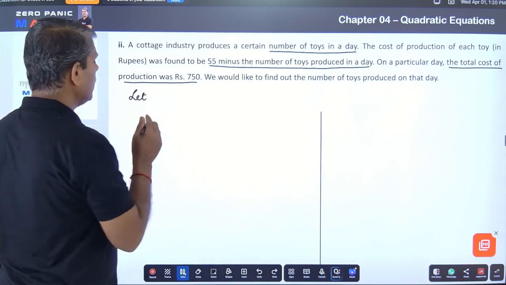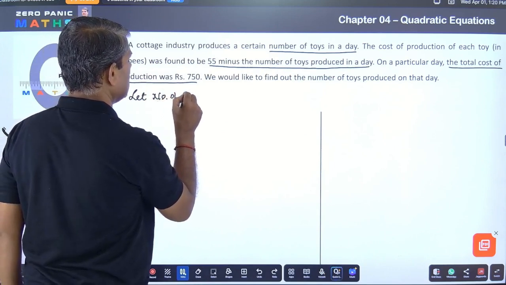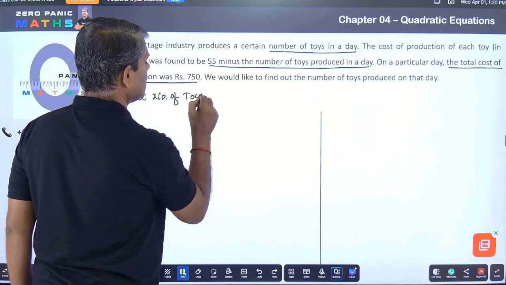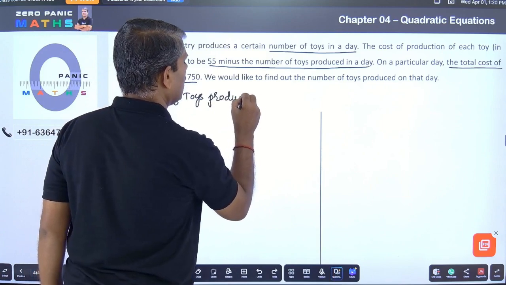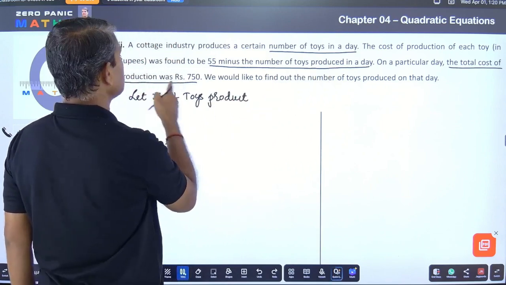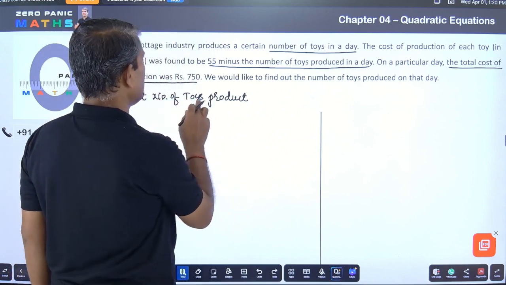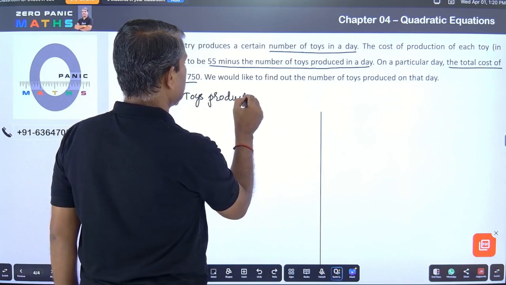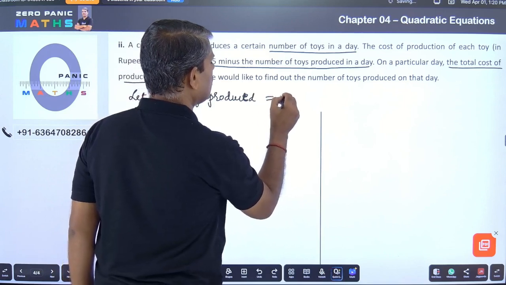Listen carefully. On that day the production cost given was 750 rupees. We will consider that only. Number of toys produced on that day is equal to x.